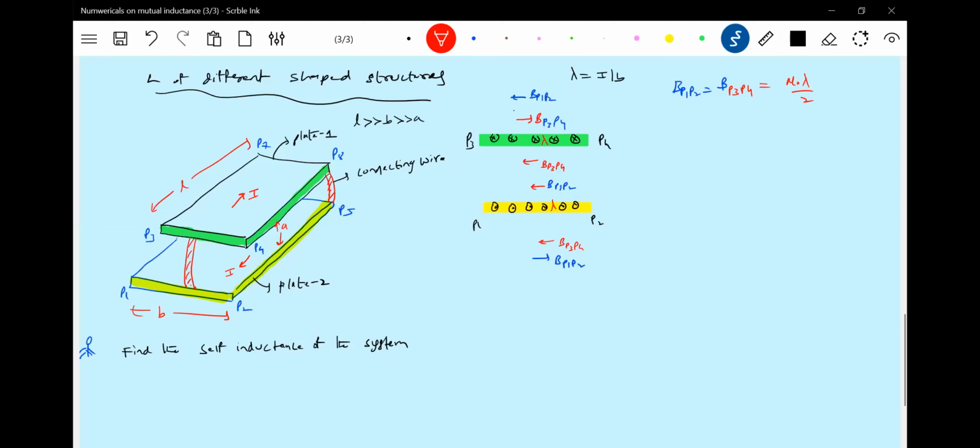From where did this formula come? Ampere's circuital law. I need not show this again and again. By this time you should understand the field produced by a current carrying sheet is mu naught lambda by 2. What is lambda? Current per unit width. So the net field at point P between the plates is the sum of the fields by P3, P4 and P1, P2.